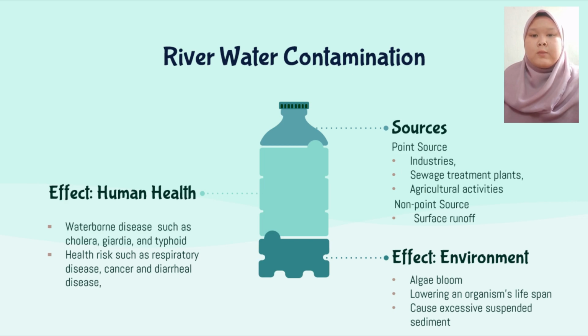River water contaminations can affect both human health and the environment. As example, for the human health, waterborne disease such as cholera, giardia, and typhoid can affect them, and besides, health risks such as respiratory disease, cancer, and diarrheal disease which can affect the human health.